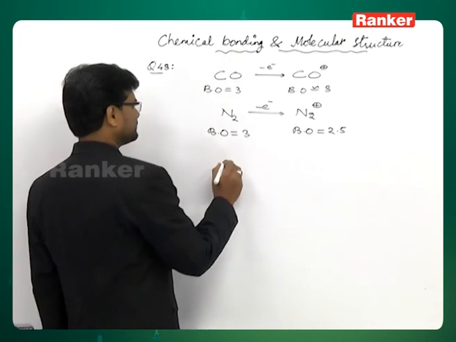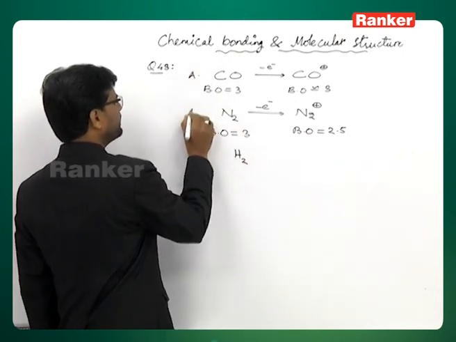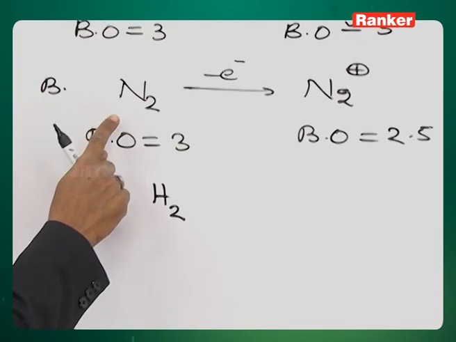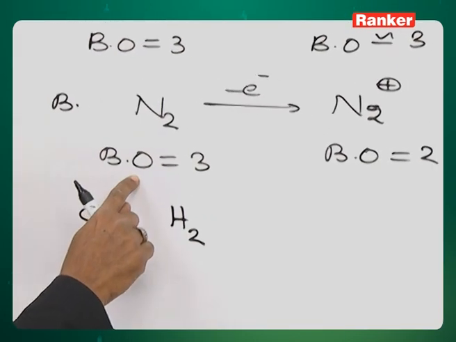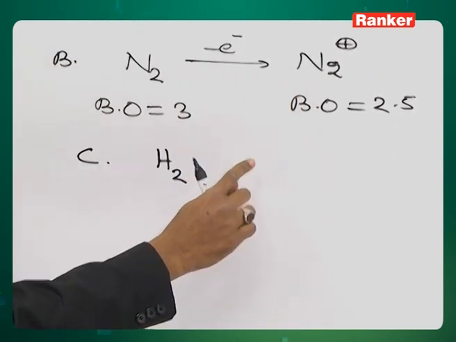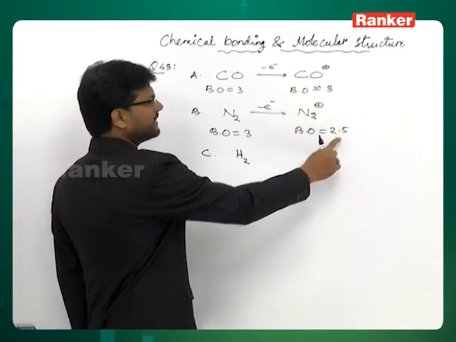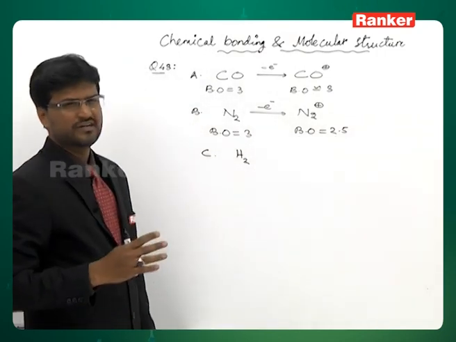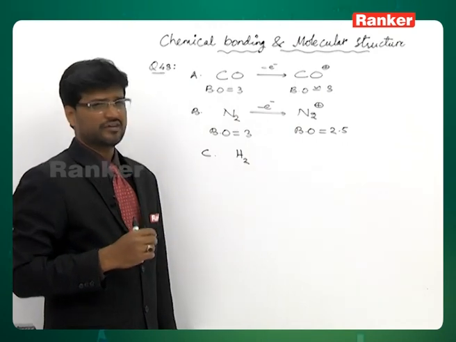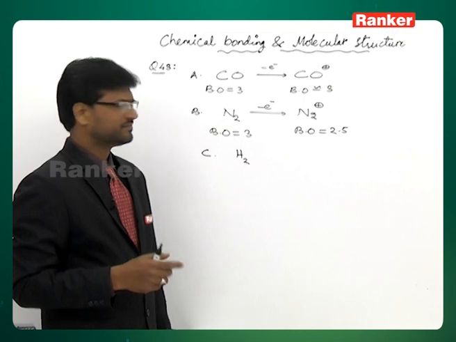Next case, here N2 is a 14 electron system, therefore, its bond order is 3. If you remove one electron, it becomes N2 plus, and this electron is lost from bonding molecular orbital, therefore, bond order decreases by half unit, that is it becomes 2.5. So, here when N2 becomes N2 plus, bond order decreases.